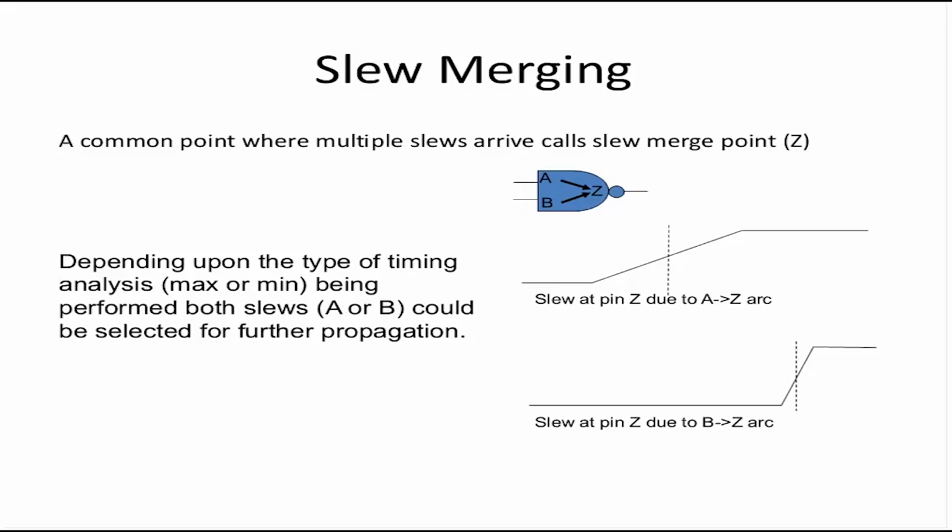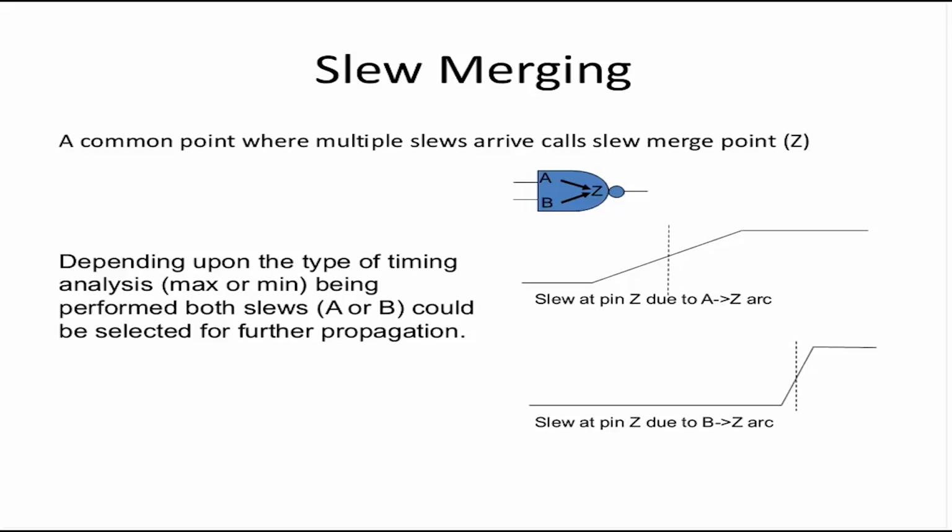So now the transition at Z will depend, since it has two input pins, on both the transition at input A and the transition at input B. Depending on the type of timing analysis, whether it's a max or a min, which of the slews will get propagated, that is the problem.